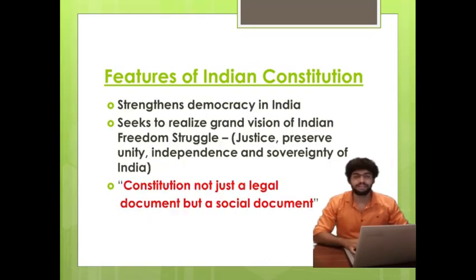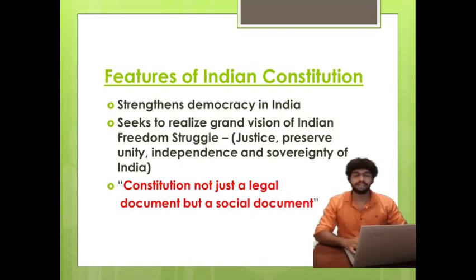In a way, we can say that the Indian Constitution and all its features seek to strengthen democracy in India. It seeks to cultivate the spirit of democracy and nurture civic virtues in India. The Indian Constitution, through its features and provisions, seeks to realize the grand vision of the Indian freedom struggle. It seeks to realize justice, preserve unity, independence and sovereignty of India.